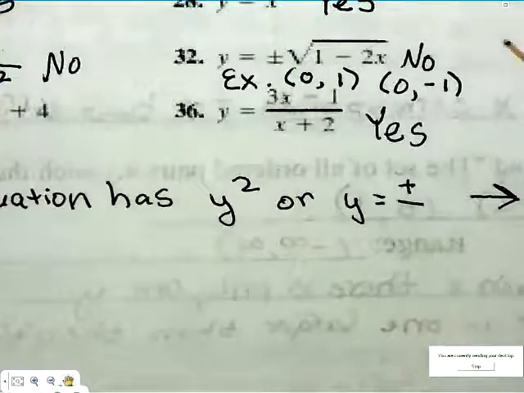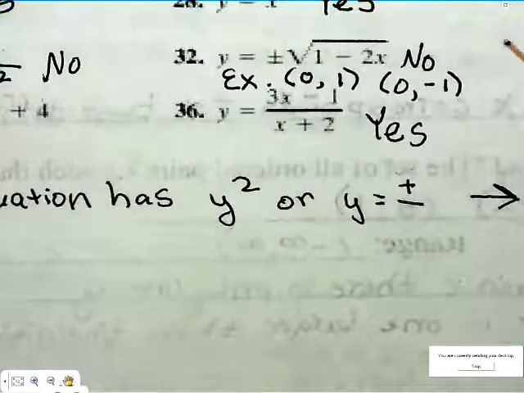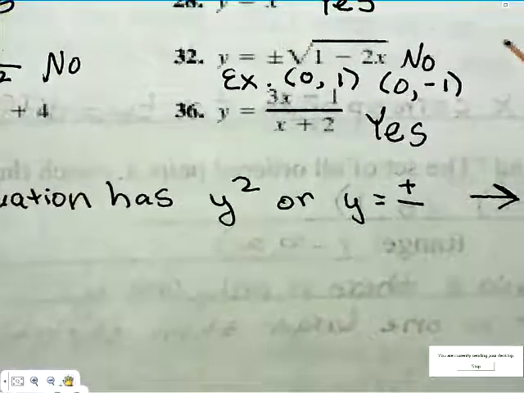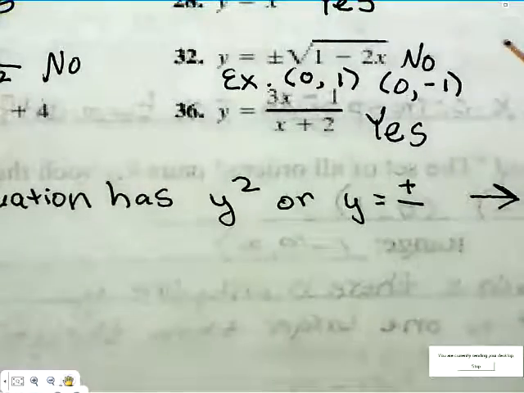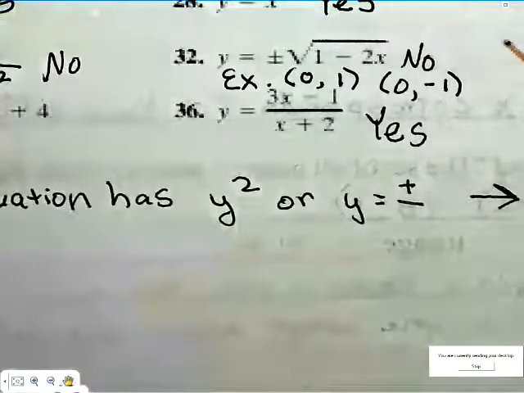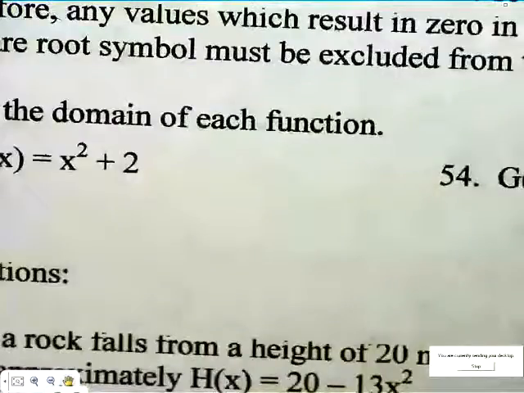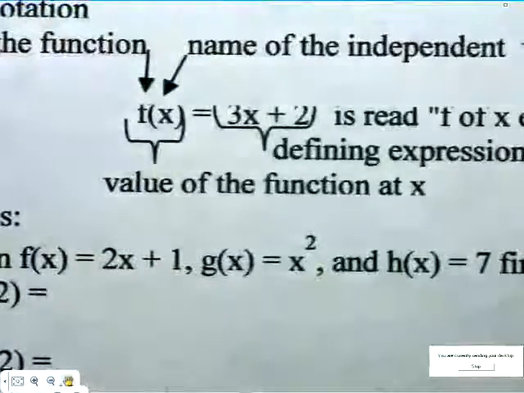If I wanted to give you another problem and let x be 5, I'd have to rewrite the whole problem, let x be 5, and find y. And then if I wanted to give you a third problem where you let x be 0, I'd have to say, let x be 0 and find y. I'd have to write a bunch of stuff for every single problem. Well, function notation is just a shortcut way of writing these functions so that we don't have to say, find y when x is 7, find y when x is 3.